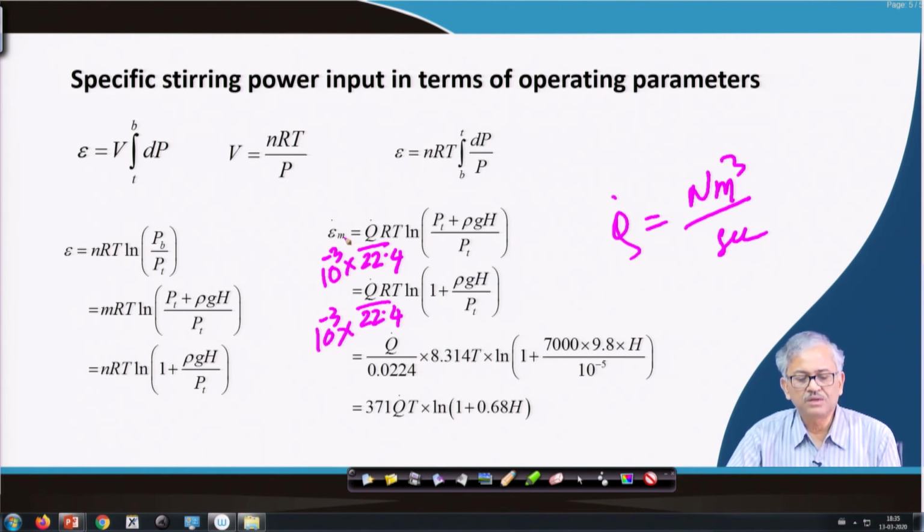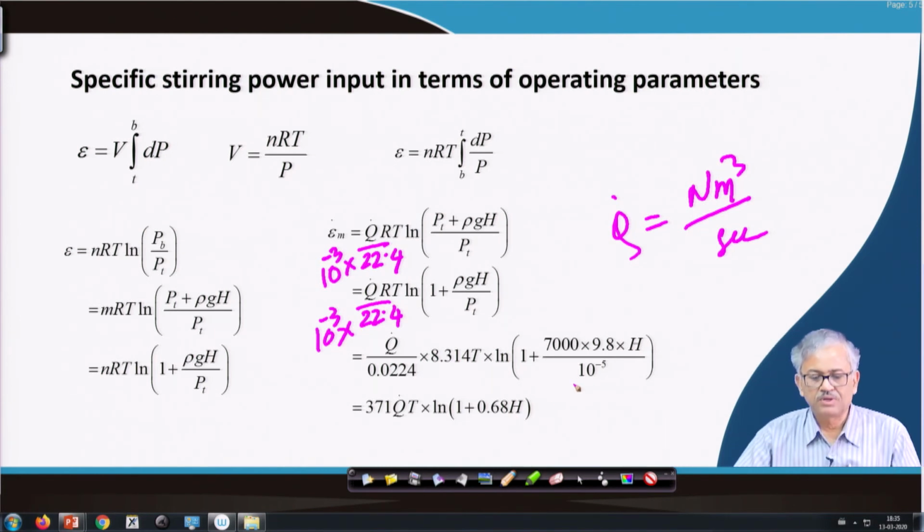So the specific stirring power, or the rate of energy input per unit mass, can be given by 371 Q dot T ln of 1 plus 0.68 h. Okay, so this way you can calculate the specific stirring power input in terms of operating parameters. Operating parameters mean volumetric flow rate of the gas, temperature, and the height.